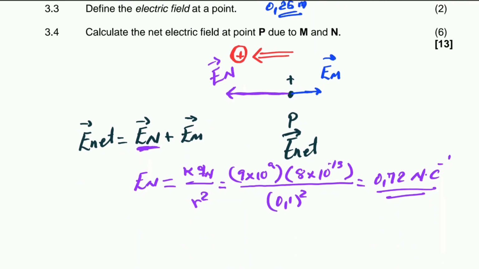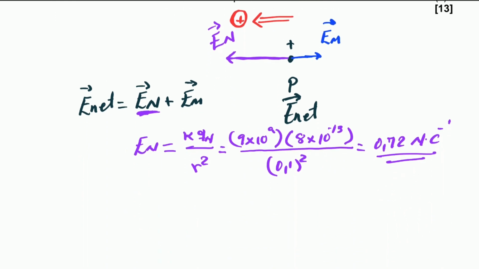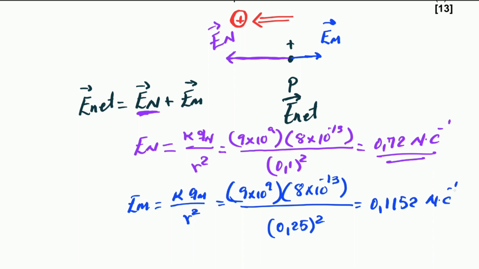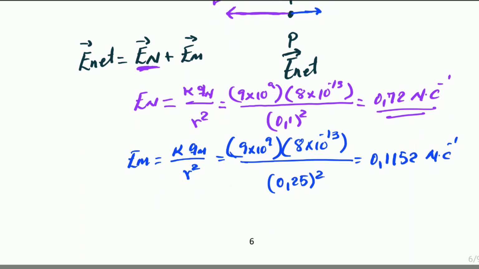Be careful you don't confuse, but I'm going to fast forward for this one. And the answer here is 0.1152 Newton per coulomb. You can convert it to scientific notation if you wish. It's not a big problem.